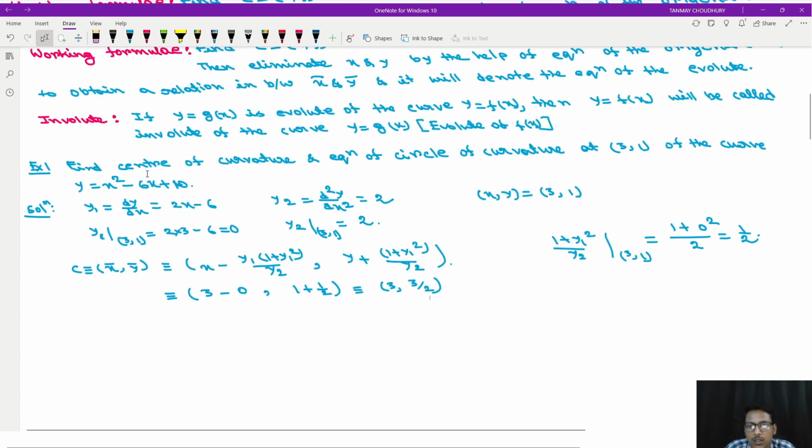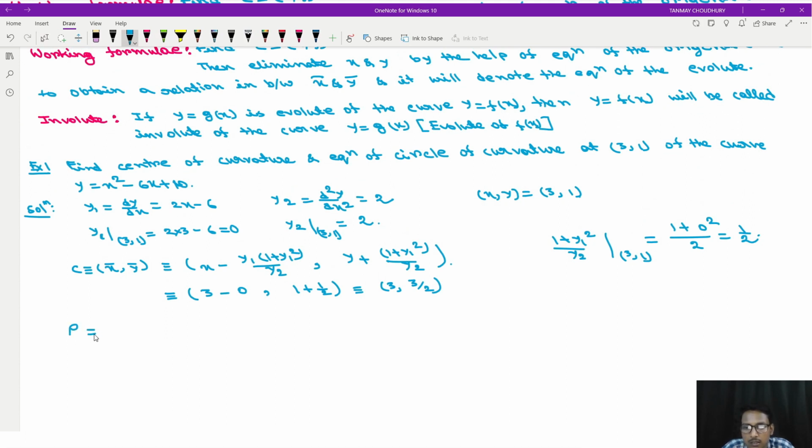And what is the equation of circle of curvature? For that purpose we will find out the radius of curvature first. For the Cartesian equation we know that the radius of curvature is 1 plus y1 square whole to the power 3 by 2 divided by y2, and in this case this turns out to be 1 plus 0 square whole to the power 3 by 2 divided by y2, which is 2. So this is half.